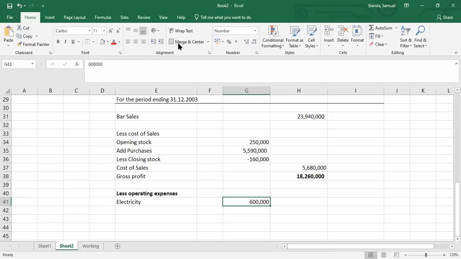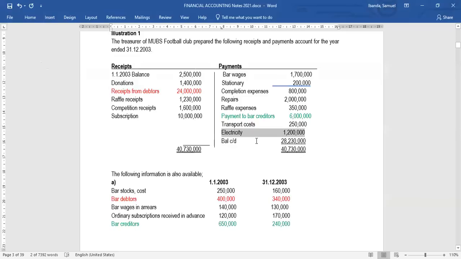Now, the next expense is wages, but wages have some dynamics, just like the way we saw for debtors, okay? Wages, we have bar wages that have been paid in the receipts and payments. Then we also have bar wages that are in arrears at the start of the period, and bar wages in arrears at the end of the financial period, okay?